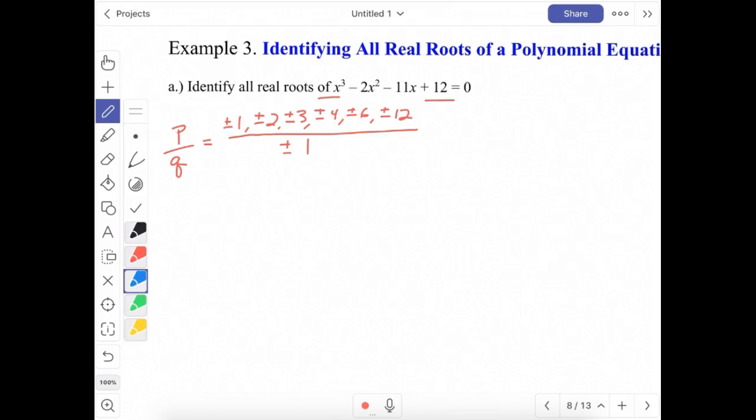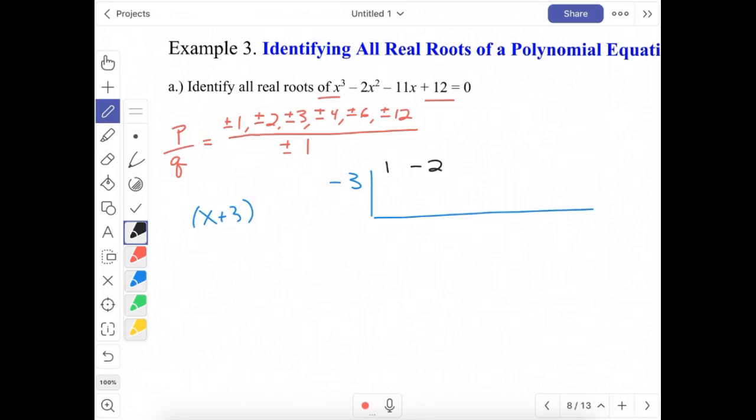So like I said, I've already worked some of these through, so I'm going to use x plus 3 as a factor, which means that I would use negative 3 in synthetic division. I'm going to put those coefficients 1, negative 2, negative 11, 12.